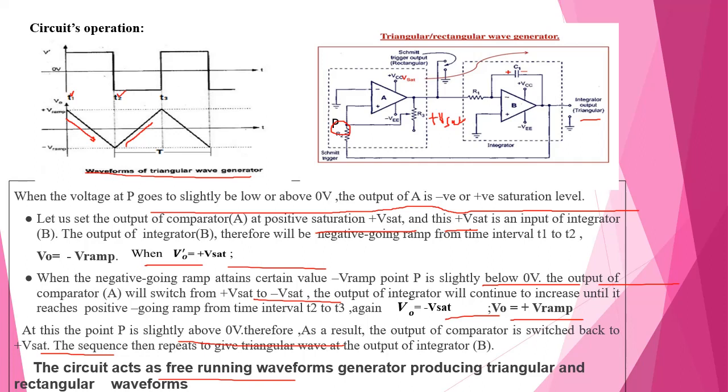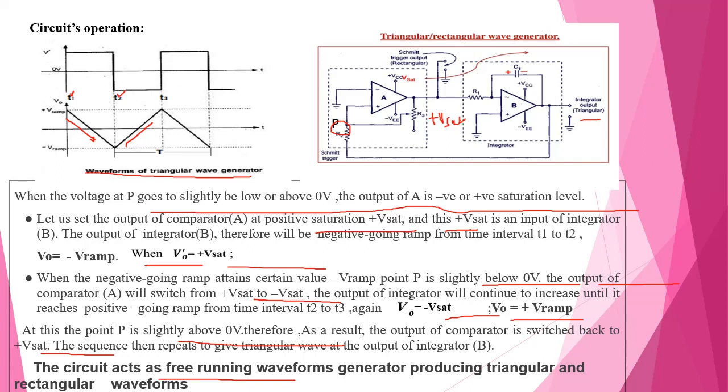When the voltage at point P is just slightly above 0 volt, the output of the comparator switches back to plus Vsat. This sequence then repeats to give the triangular wave at the output of the integrator.